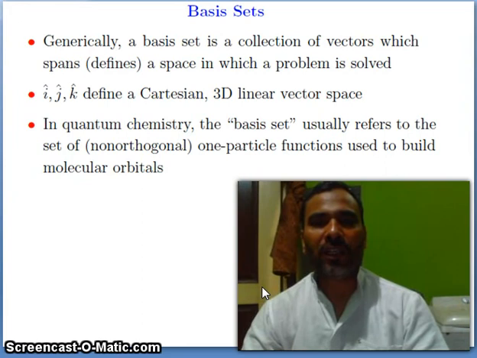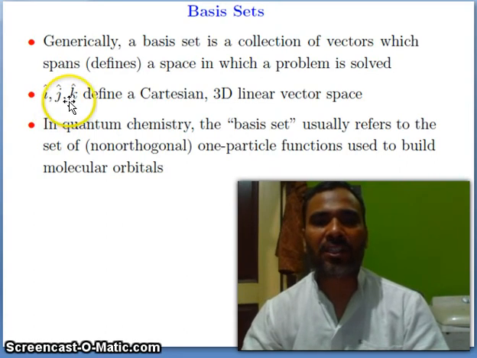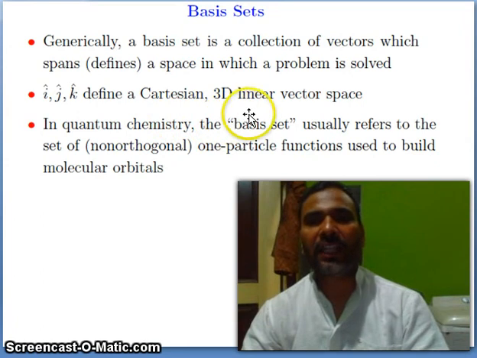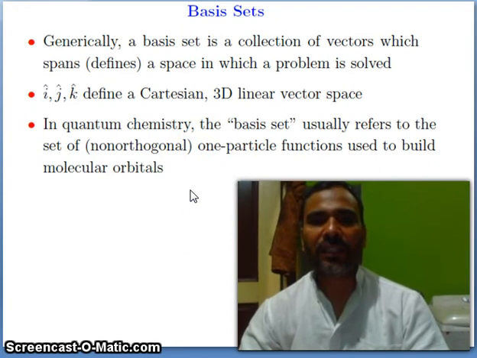If you are talking about the space, you can talk about the Cartesians. So vector i, vector j, vector k define a Cartesian 3D linear vector space. In quantum chemistry, the basis set usually refers to the set of non-orthogonal one-particle functions used to build molecular orbitals.